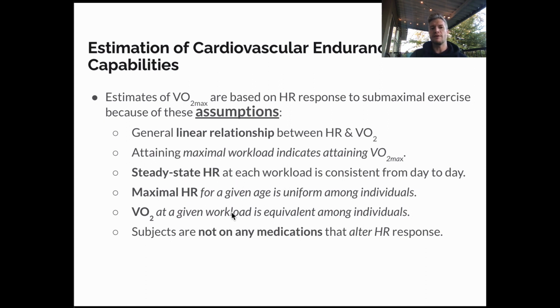So if VO2 at a given workload is similar to heart rate at a certain workload, and we know the maximum of these two are assumed to be uniform or equivalent among individuals, and there's no extraneous factors like medication weighing in, we should therefore be able to relate heart rate or max VO2 or max heart rate based off of incremental workload. Okay. So again, really important assumptions here.